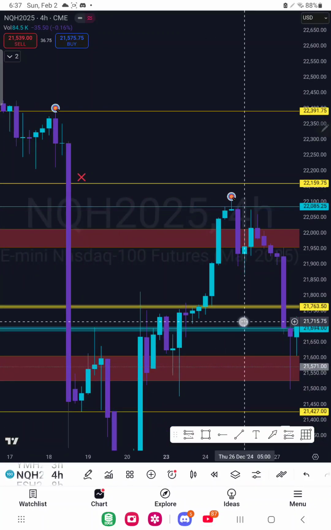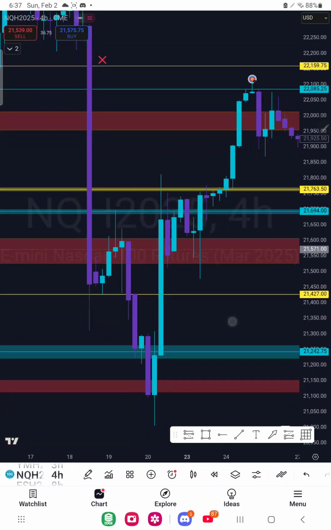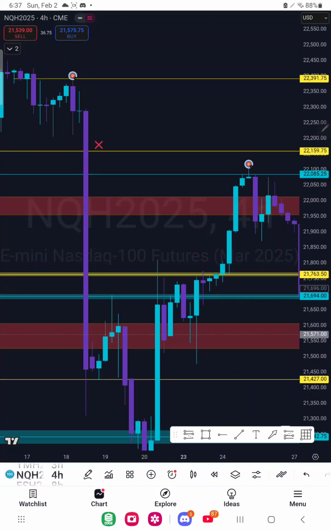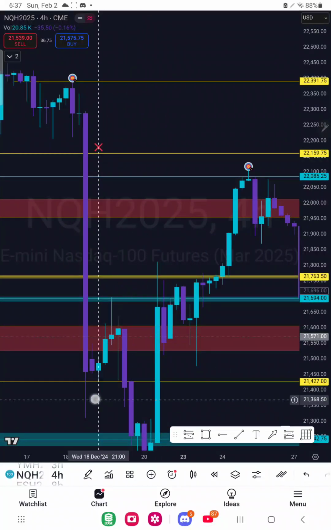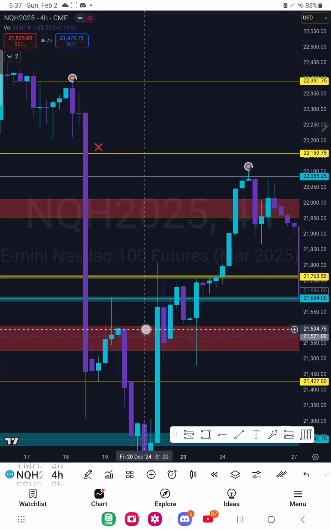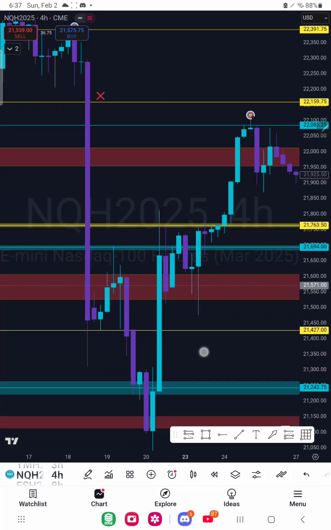All right, so what I'm gonna do, search for an area that was basically that structure here to the minute. There's that structure going all the way down here to the next area.